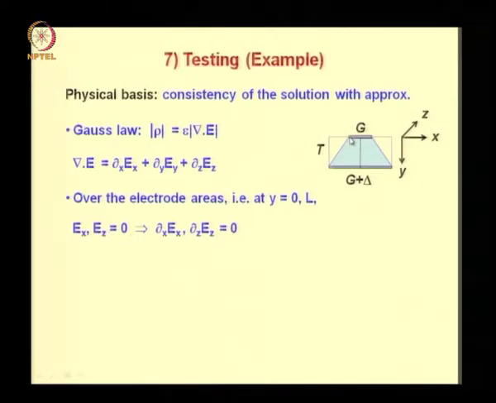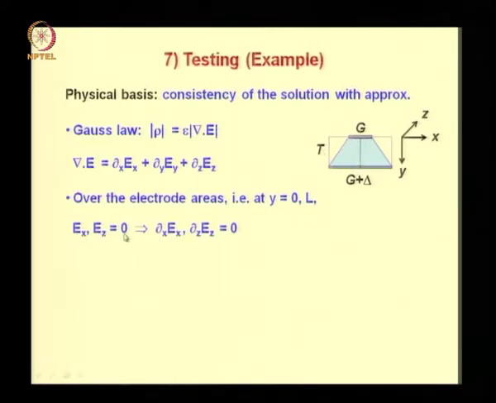So by the very definition of an electrode, it is equipotential, and therefore it cannot have a field in the plane of the electrode. So Ex and Ez are components of the electric field along the planes of these electrodes.